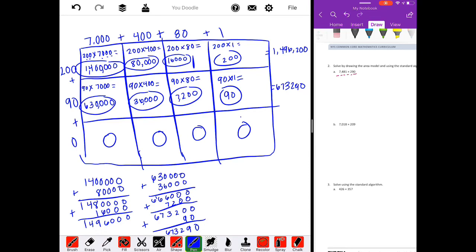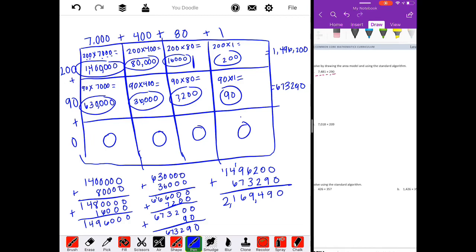And then our final step is to add those together. So we should get 2,169,490. Let's see if that's what we get with the standard algorithm.